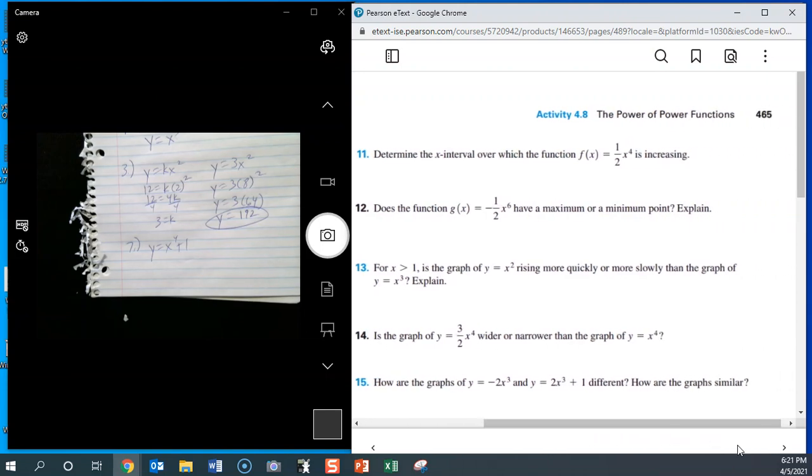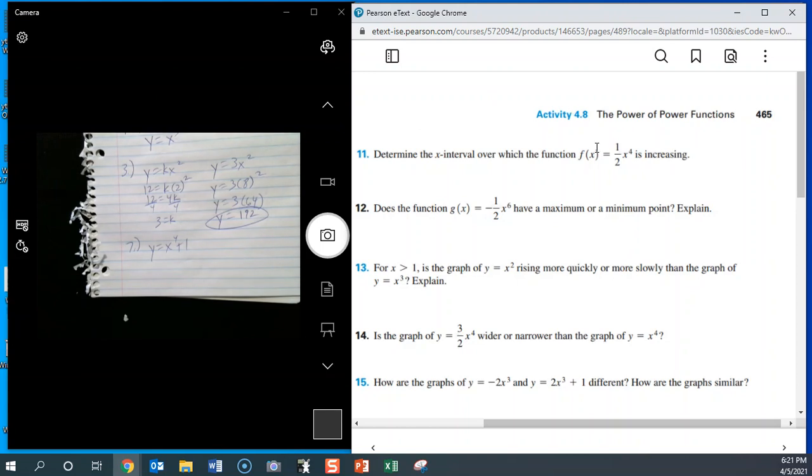Now it says number 11. It says determine the x interval over which the function f of x is equal to 1/2 x to the fourth is increasing. Okay, so let's take a look here. Now we know f of x is really just y.